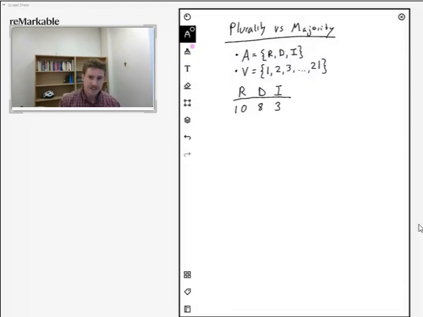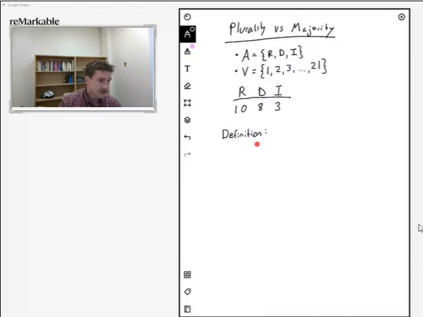So this illustrates a scenario in which we would say the Republican is a plurality vote winner, but not a majority vote winner. Why is the Republican here a plurality vote winner and not a majority vote winner? Well, to explain that, we have to explain the notion of a plurality winner and the notion of a majority winner. So first, let's start with defining what a plurality winner is.